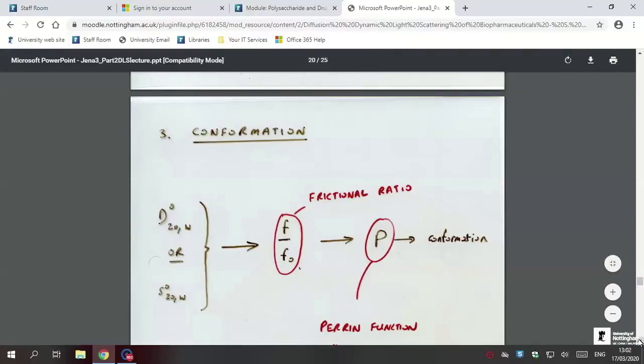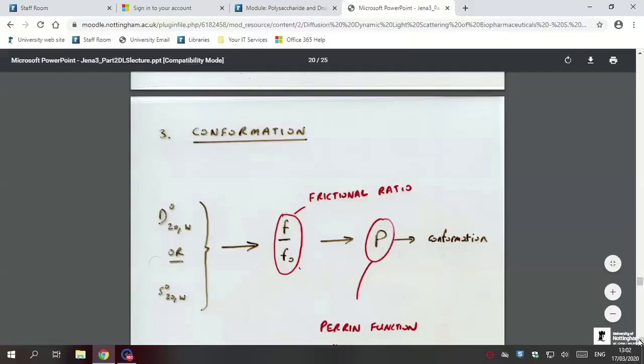Now we just clarified the difference between viscosity of solutions, which refers to the resistance to flow of the bulk solution, whereas friction refers to the movement of macromolecules through a solution under the influence of a gravitational, or it could be an electrical field. So viscosity and friction are different.